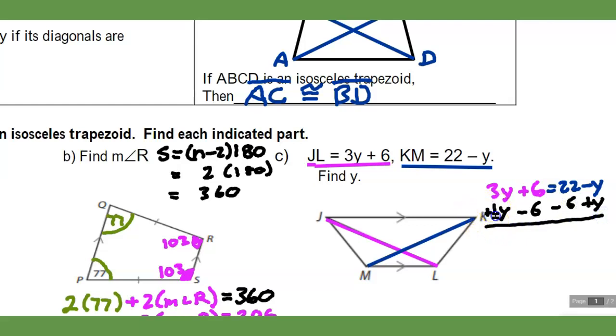Do all the normal algebra we're so used to doing. And we'll come up with an answer of 4. Okay. And on this particular problem, they only want what y equals, so we are finished.